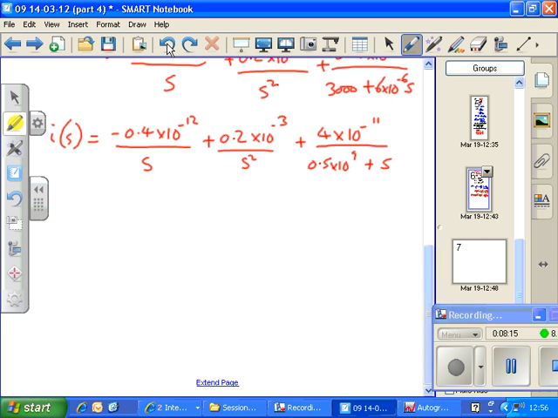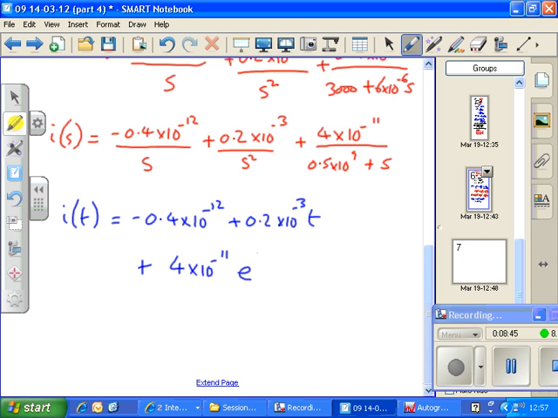But if we carry on with this solution, we would get that IT equals negative 0.4 times 10 to the minus 12 plus 0.2 times 10 to the minus 3 t plus 4 times 10 to the minus 11 e to the minus 0.5 times 10 to the 9 t.